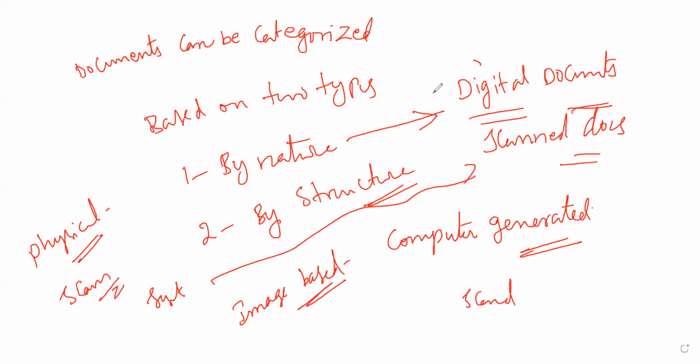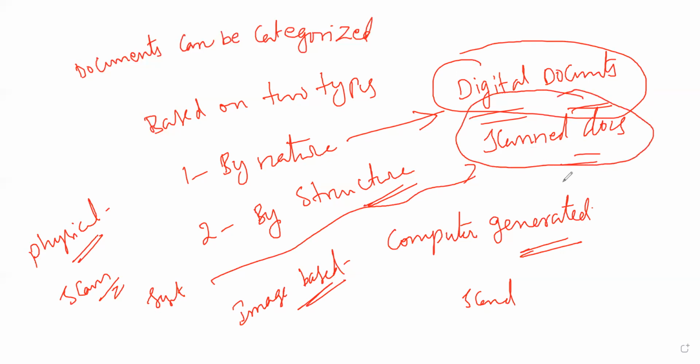Digital documents, we can directly read the data through programming. For scanned documents, we require OCR engines to read the scanned documents or images. So these are the two different kinds of documents based on nature: whether it is a computer-generated PDF or native document, or a scanned document.